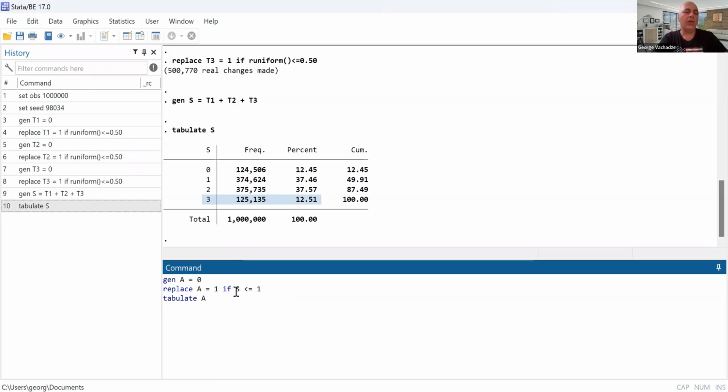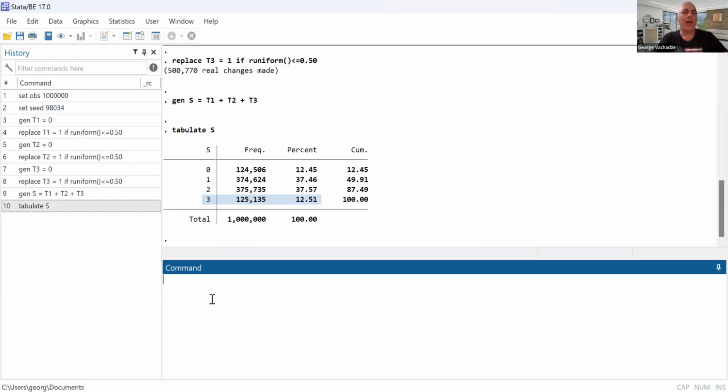A occurs if the total number of tails S is at most 1, so S is less than or equal to 1. If S is either 0 or 1, then the event A occurs. And then we tabulate A.